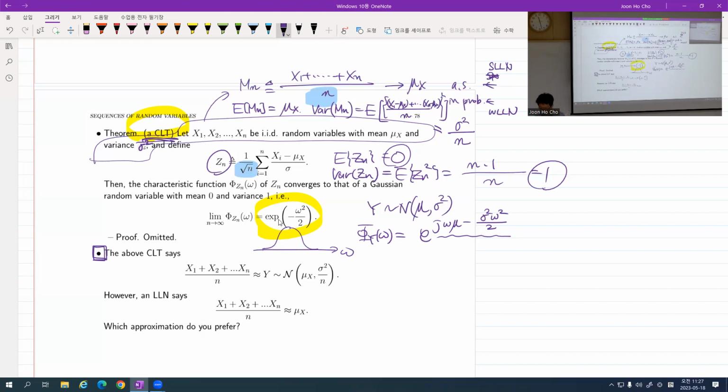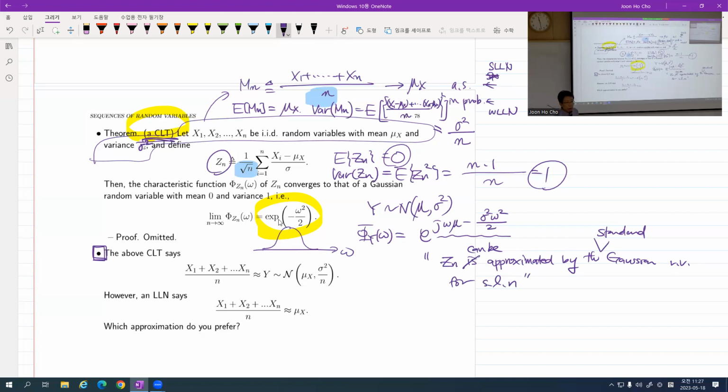Why? Let's see this. Here, the central limit theorem says that z sub n can be approximated by the standard Gaussian random variable for sufficiently large n, right?